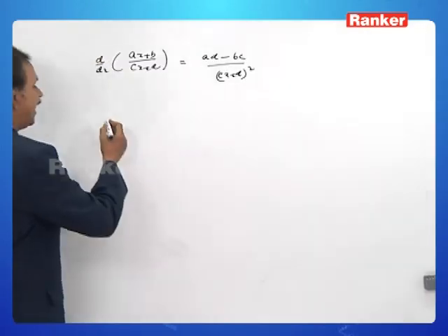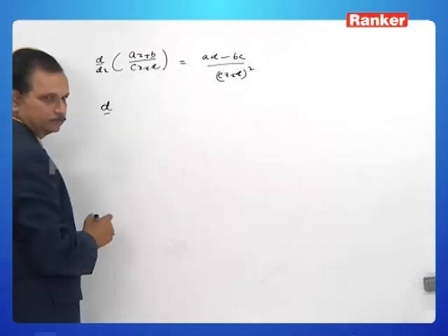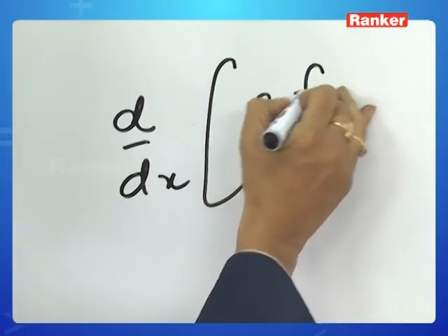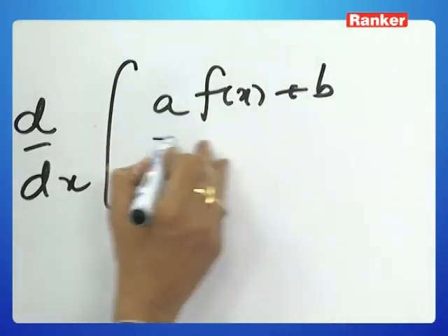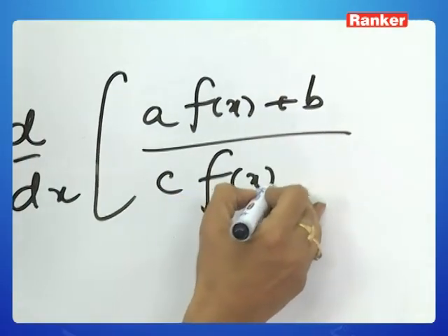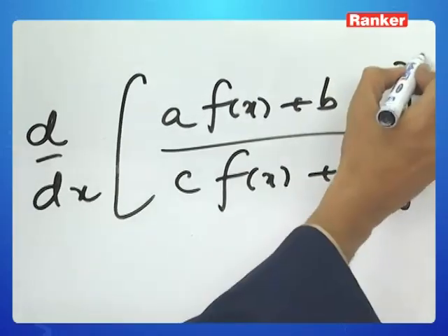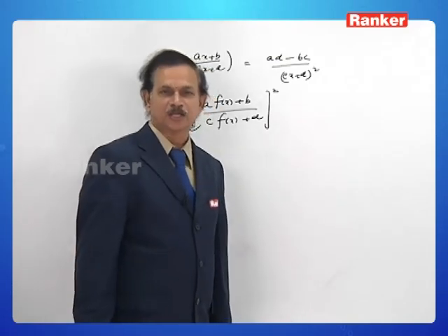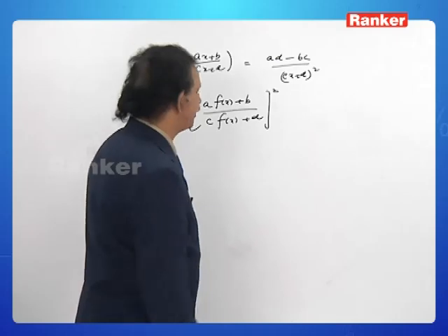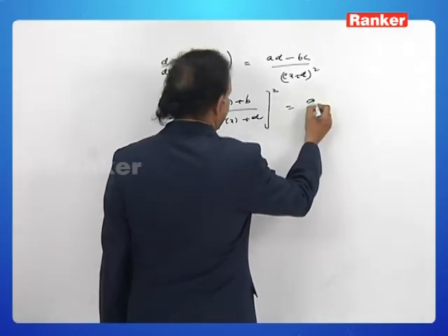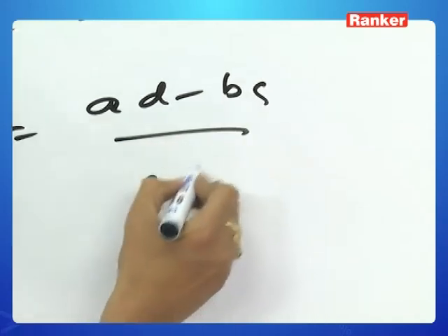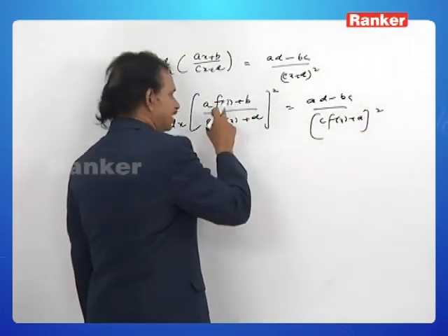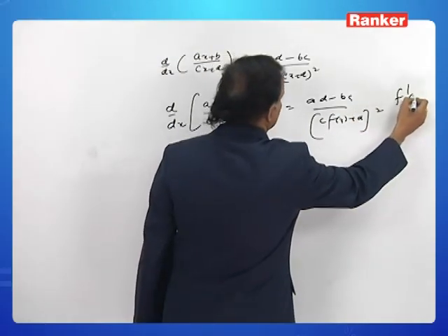If you have d by dx of (a into f of x plus b) by (c into f of x plus d), as in the previous case, ad minus bc by the denominator whole square, into, for f of x, its derivative f dash x.